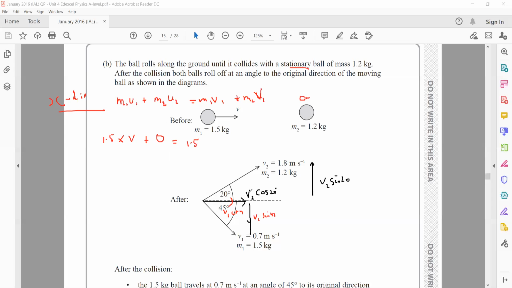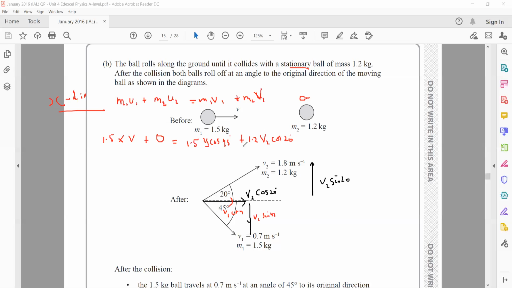Now, for V1 I will take V1 cos 45 degrees, plus the second one, the mass is 1.2 and we get V2 cos 20 degrees.